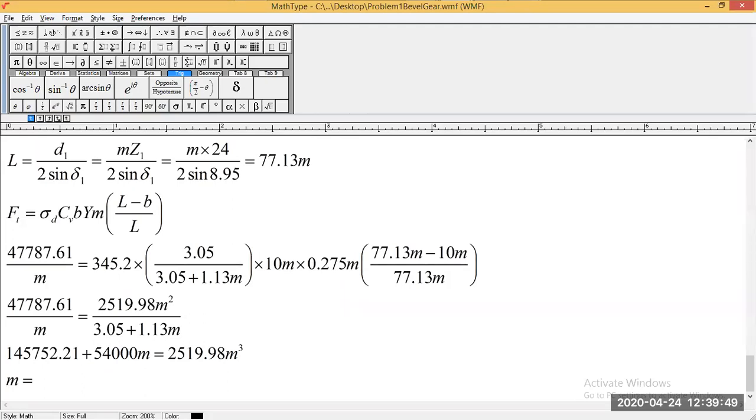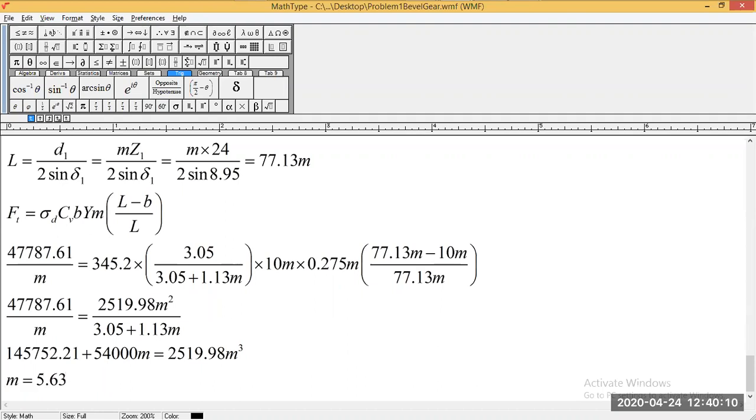Okay, so right. So for the module I've got 5.63.